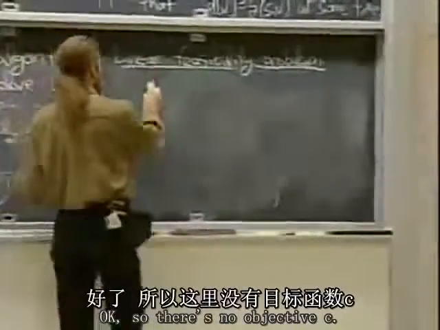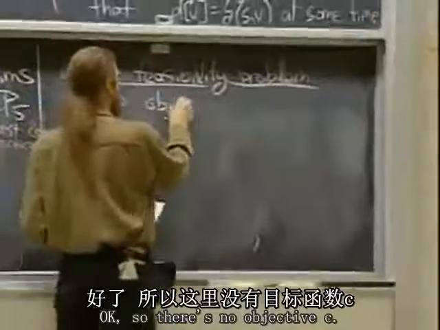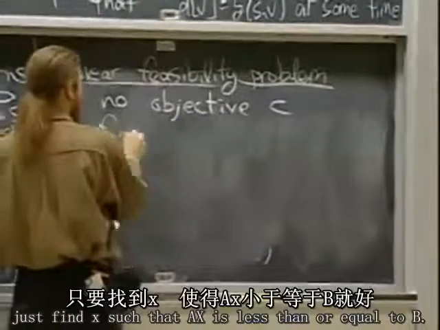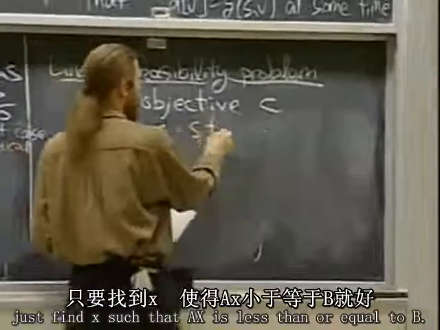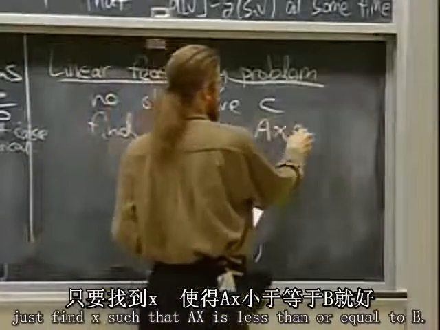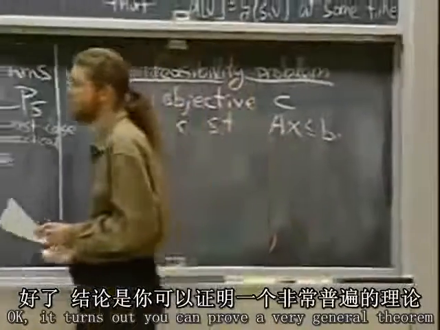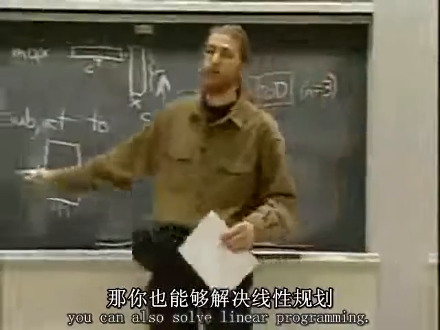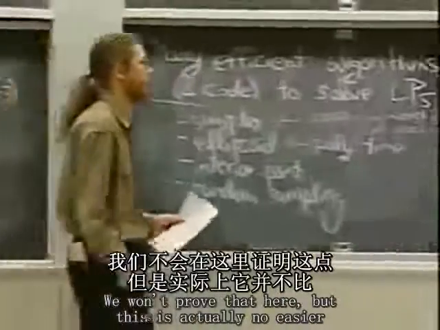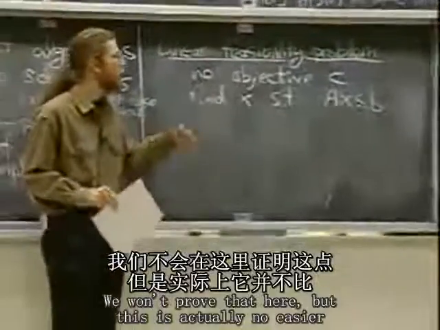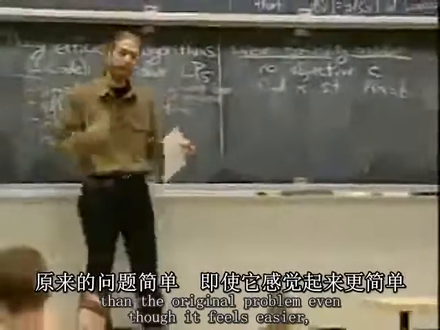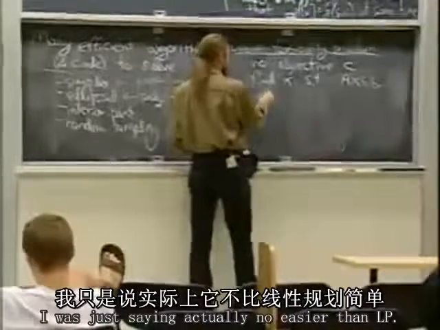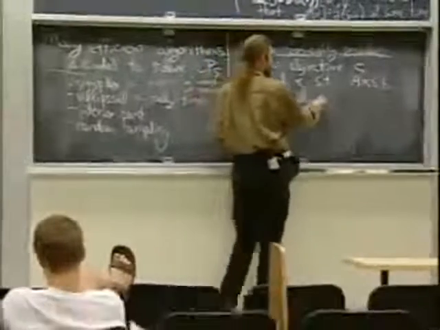Okay, so there's no objective, just find x such that Ax is less than or equal to b. Turns out you can prove a very general theorem that if you can solve linear feasibility, you can also solve linear programming. Won't prove that here, but this is actually no easier than the original problem, even though it feels easier, and it's easier to think about. I'm just saying actually no easier than LP.